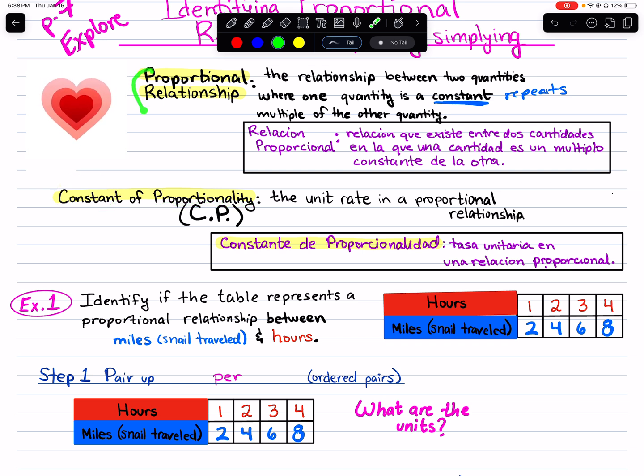That makes sense, 'cause look, it's proportionality, and it's a constant. It repeats. So literally, it's the number that repeats that makes it proportional. And we learned that whatever we're multiplying by, times 7, that's also the unit rate. The unit rate is also called the constant of proportionality, and it makes it a proportional relationship.